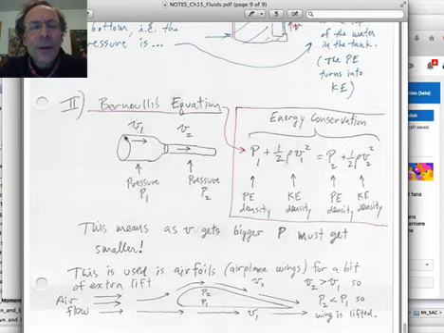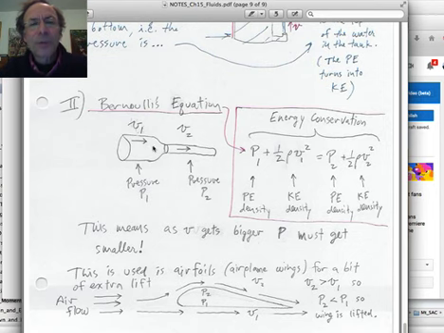So I've got a pipe, and I've got water flowing through it, and the area of the pipe is getting smaller at this place. And in order for the water to actually make it through the more narrow pipe, the water has to move faster. It has to have a higher velocity. So velocity 2 is going to be bigger than velocity 1.